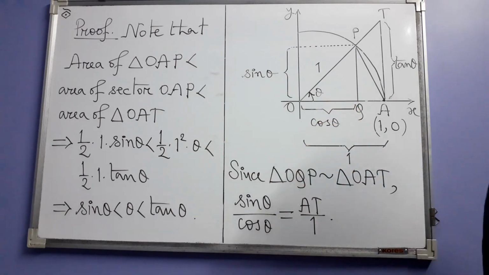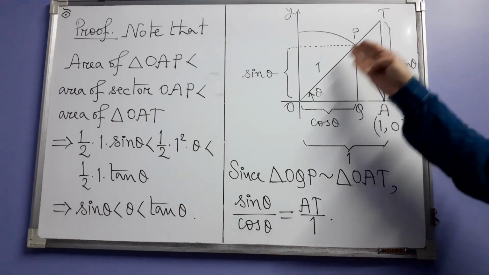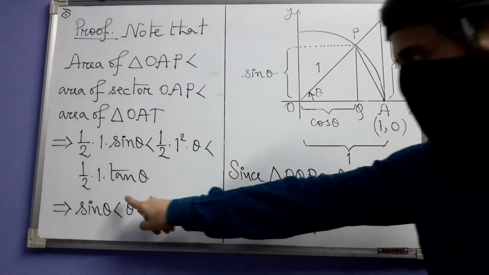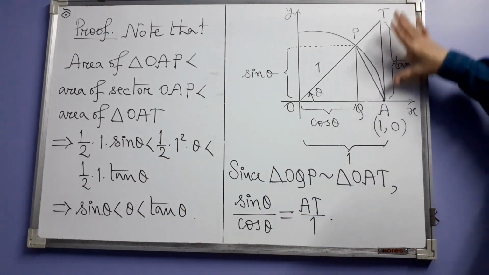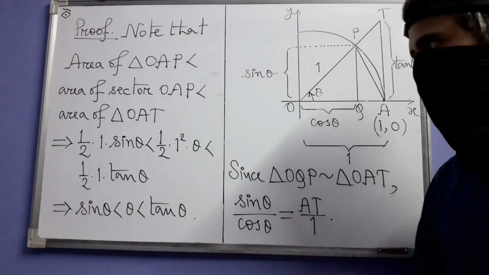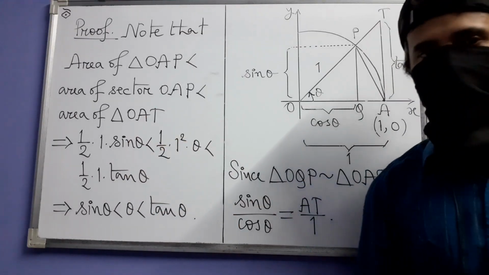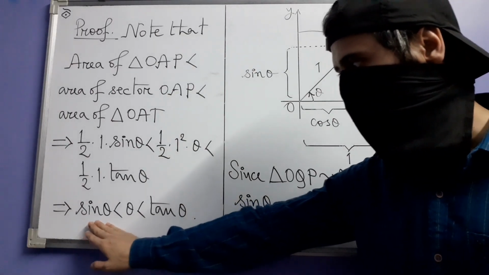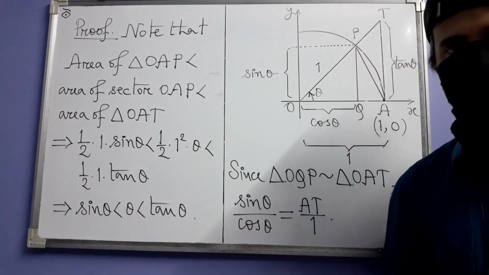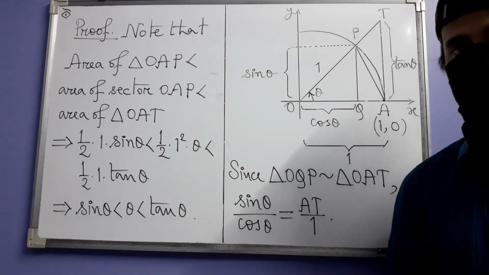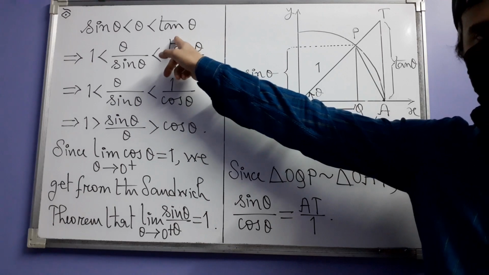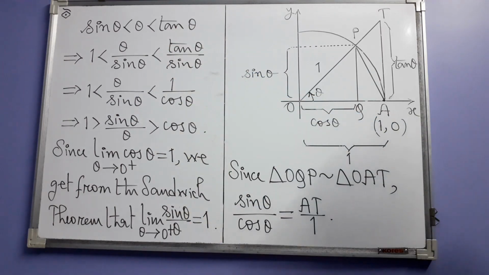So this is the area of the circular sector. And then the area of this right-angled triangle, 1/2 of base, which is 1, times height, which is tan theta. So that way, after cancelling these 1/2's throughout and doing the simplification, you get sin theta less than theta less than tan theta. Now what do we have from here? Let's continue from here. So this was the last inequality.